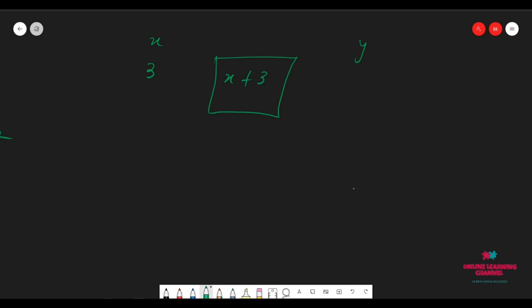So if we're gonna use 3 as our input, that means wherever we'll be seeing x, we'll plug in 3. So here it will be 3 plus 3. That means our output will be 6. If our input was 5, if we plug that into our formula here, it will be 5 plus 3, giving us 8. So that's how functions work. We will map it with this one-to-one relation, whereby one input produces one output variable.